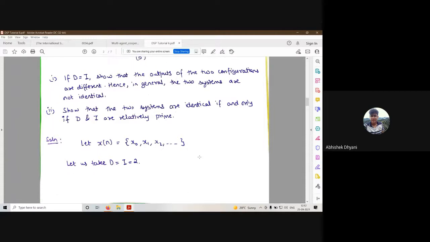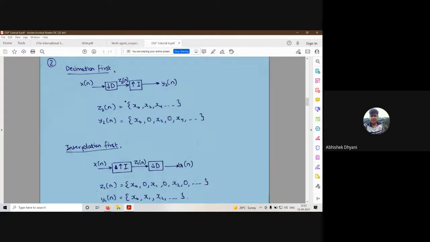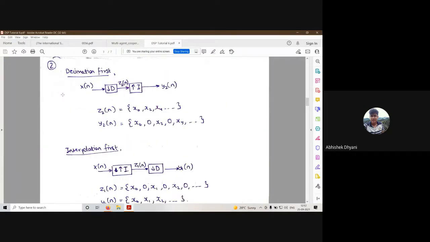So first look at the case when there is a decimator first and then an interpolator. Let's call the signal z2[n]. x[n] was x0, x1, x2, and so on. z2 is every other value of that sequence, so it is x0, x2, x4, and so on, because the value of D is 2.